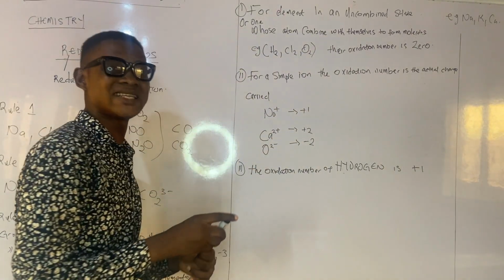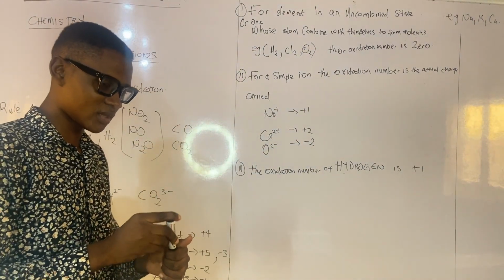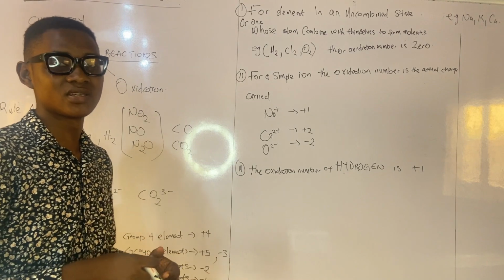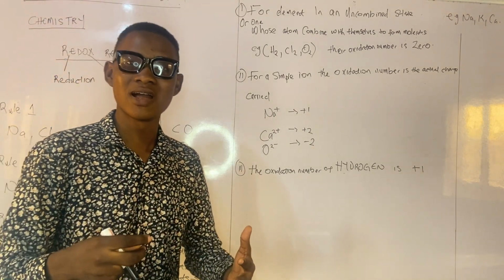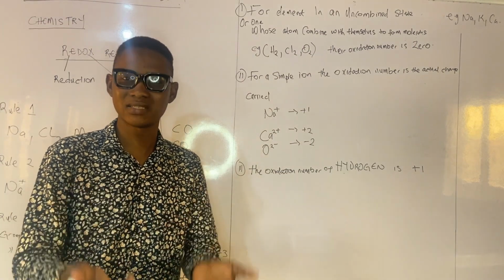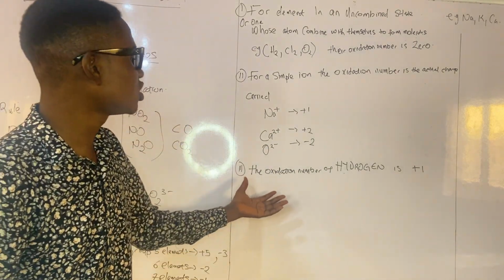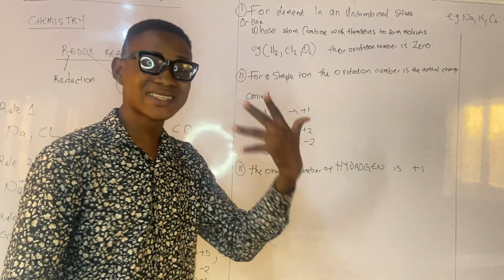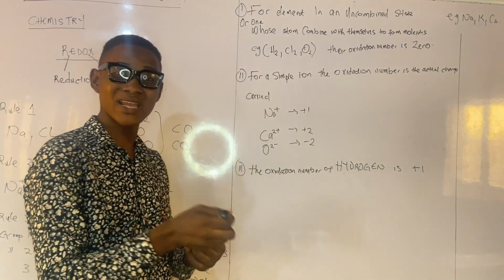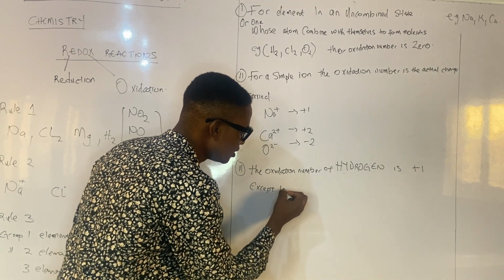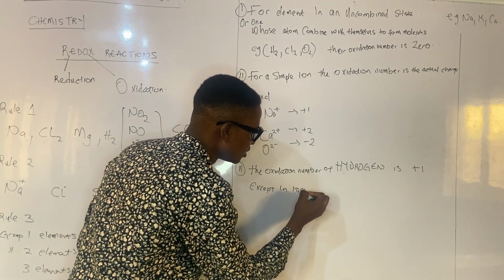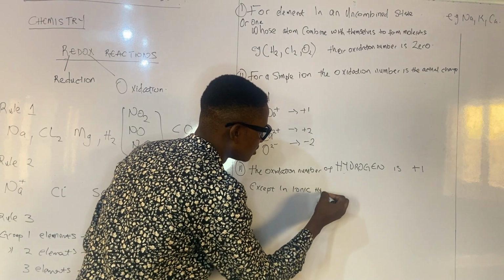Now, one thing about chemistry is that the reason why chemistry is chemistry is because there are a lot of exceptions, a lot of anomalies, a lot of abnormalities. The oxidation number of hydrogen is plus 1, except in ionic hydrides.